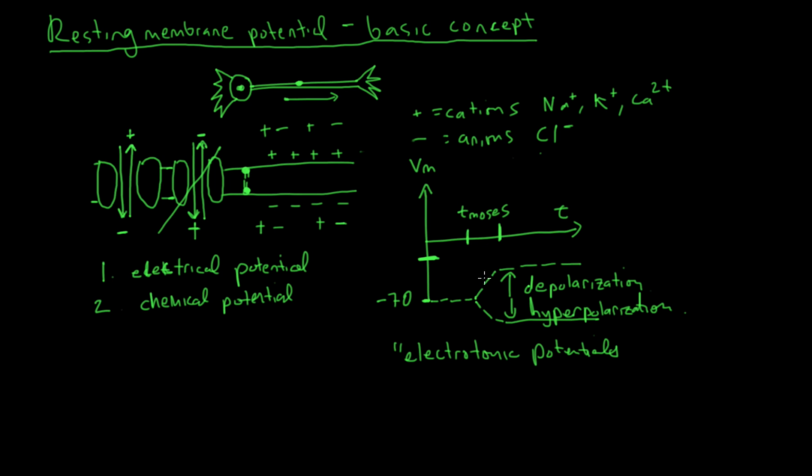But if that depolarization were to go past this threshold, then we would see this massive fluctuation in the membrane potential, and those are those action potentials that we talk about. And we are going to go into how those work in a subsequent video.